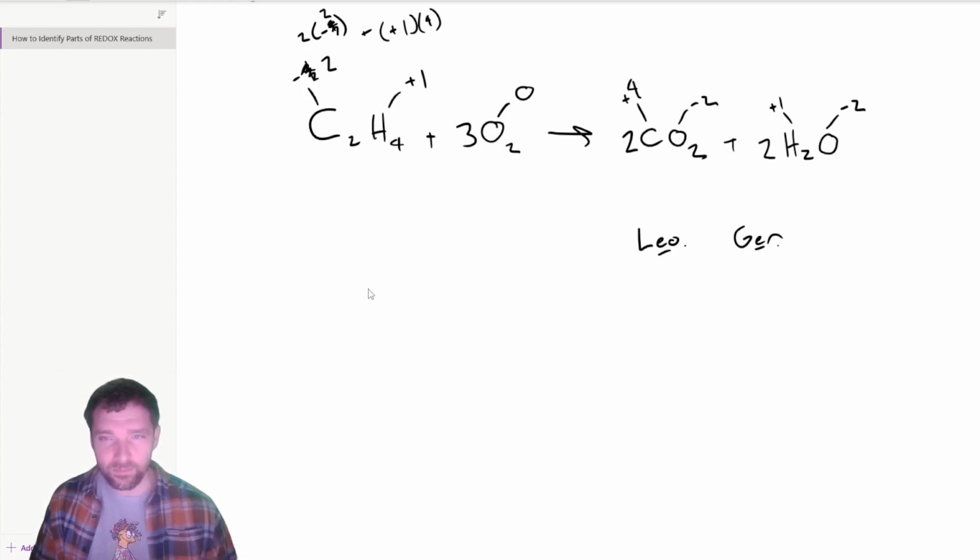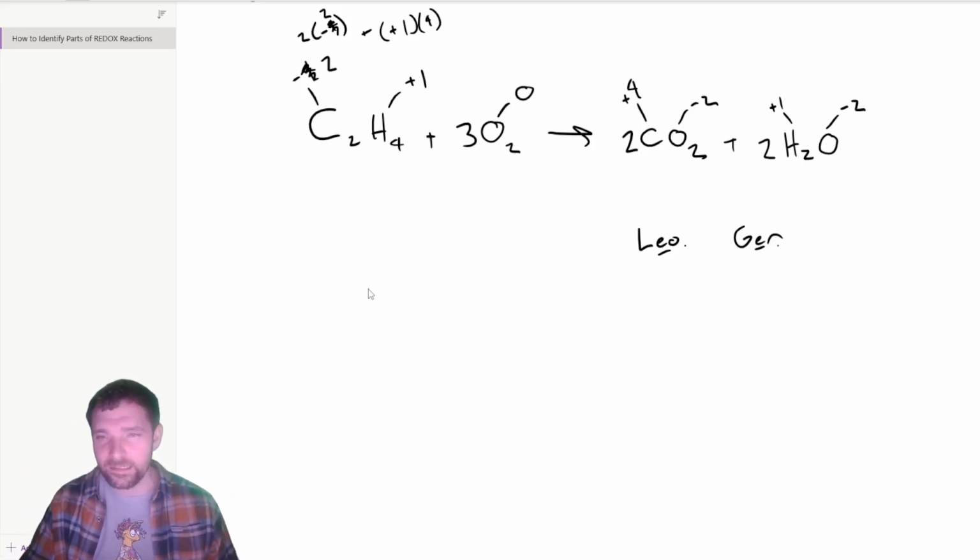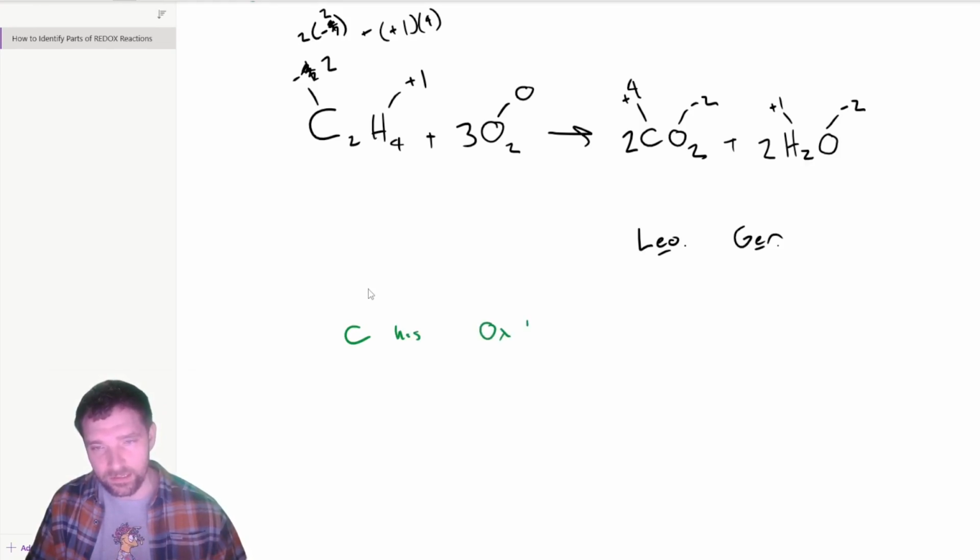So it goes from a -2 to a +4, and the hydrogen goes from a +1 staying as a +1. So hydrogen isn't being reduced or oxidized. It's actually the carbon and the oxygen that are of interest here. We can talk about this similarly, where carbon has a change in the oxidation number.